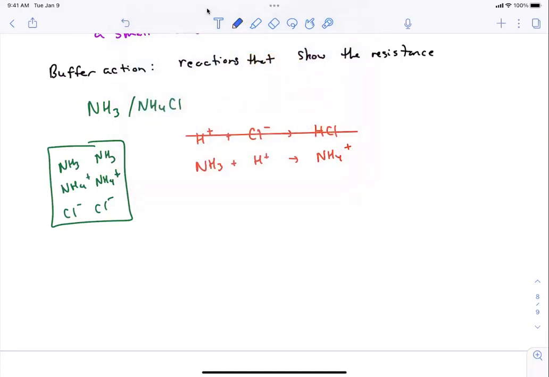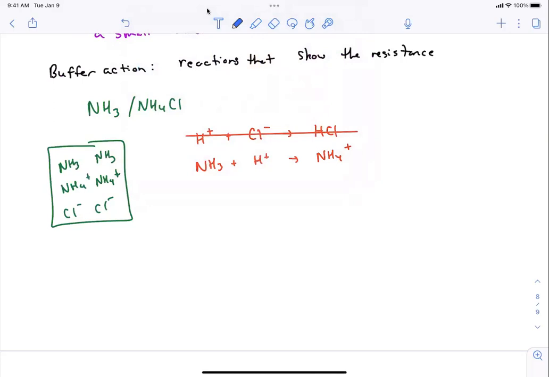The buffer is essentially a weak conjugate acid-base pair in a solution. Well, because when you start combining stuff together, certain things won't work out. Like we said here, which was a good example. I said H plus, and you said it bonds with Cl minus. Well, H plus plus Cl minus makes HCl. The problem with HCl is it's a strong acid.